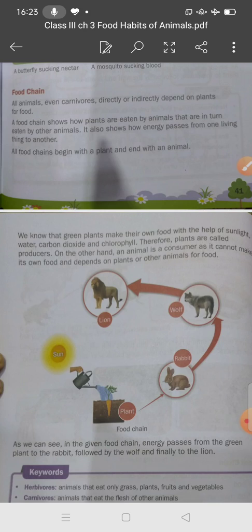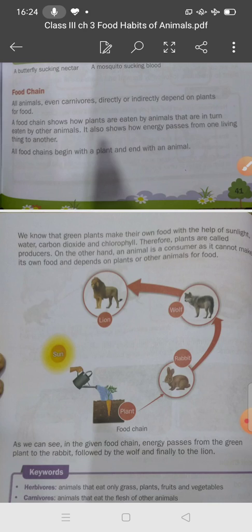A food chain shows how animals are eaten by animals that are in turn eaten by other animals. And this food chain also shows how energy passes from one living organism to another.